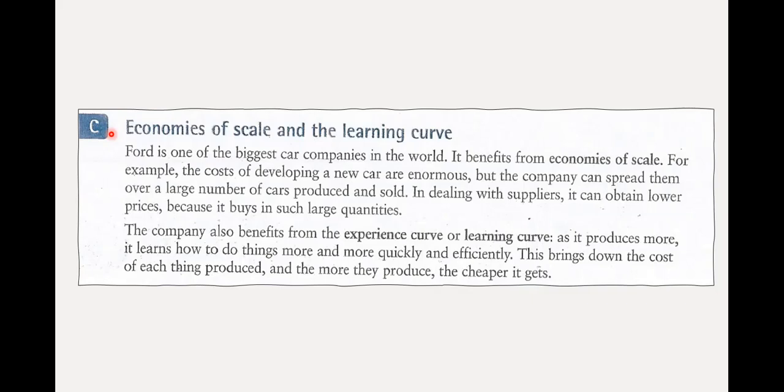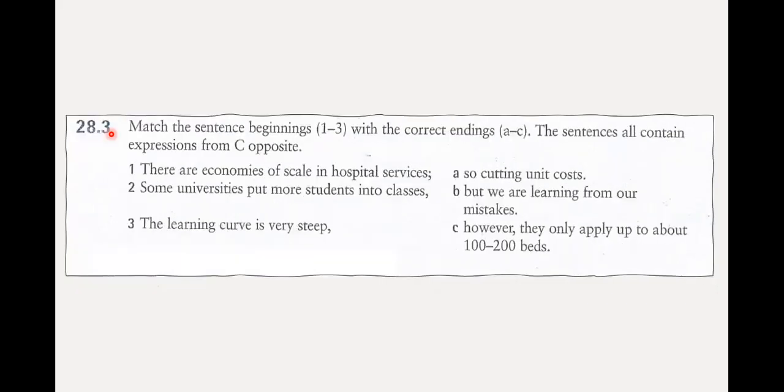So they can spread or divide the rent for each car, and the cost production of each car is going to reduce. If they had only one car, they would have to put the cost of that rent, those $10,000, in that car. So that is going to be an extremely expensive car, right? It's not happening. It's just an example. Of course, it's not like that, because they already have a huge system of production, right?